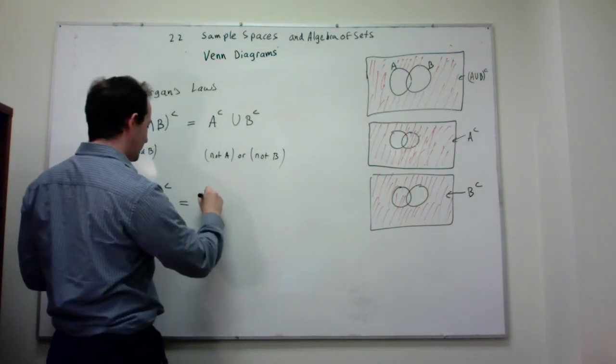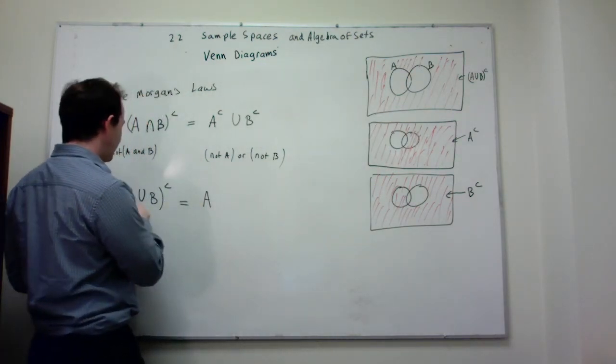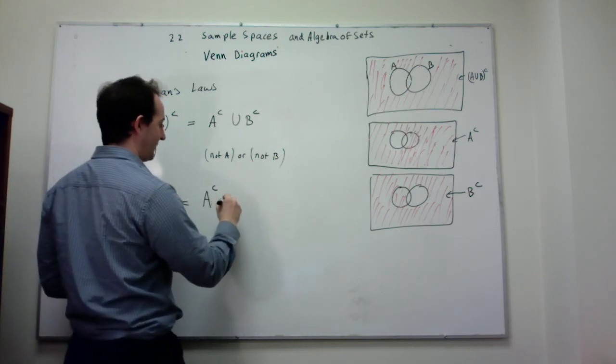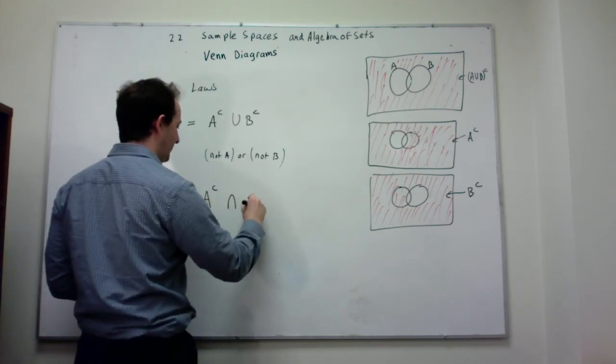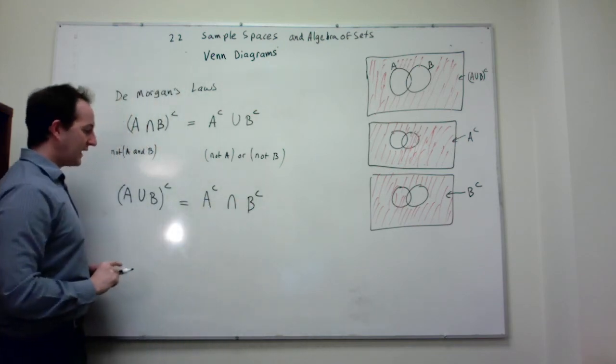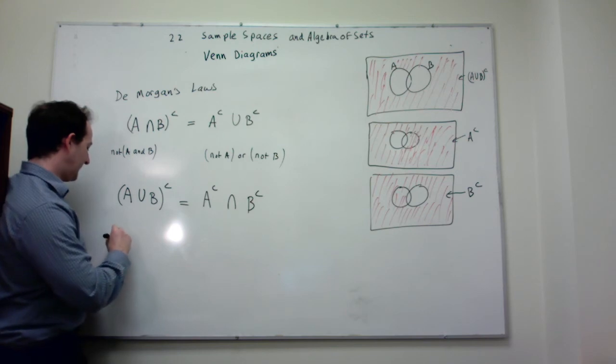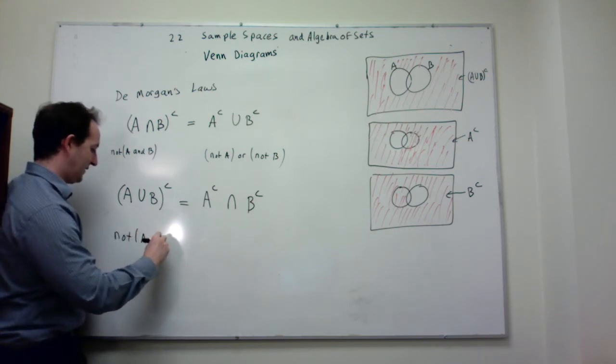So the interpretation here is that A union B complement can be written as A complement intersection B complement. And again, this has a linguistic interpretation. This is not (A or B).